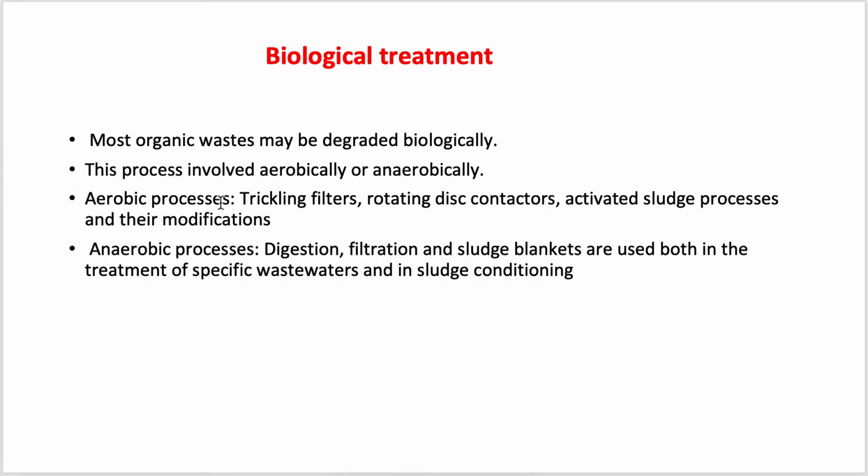For example, aerobic processes can be done by trickling filters, rotating disc contactors, activated sludge processes, and some modified versions. Anaerobic processes are done by digestion, filtration, and sludge blankets, which are used both in the treatment of specific wastewaters and in sludge conditioning. So in waste treatment, both aerobic and anaerobic processes are used.